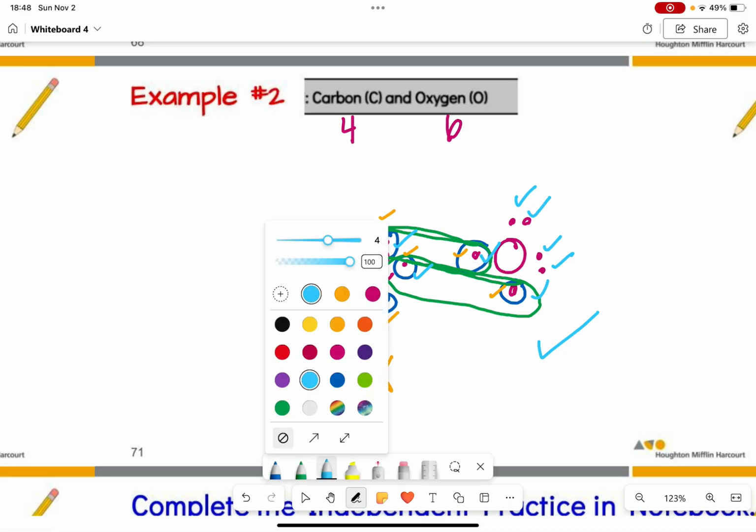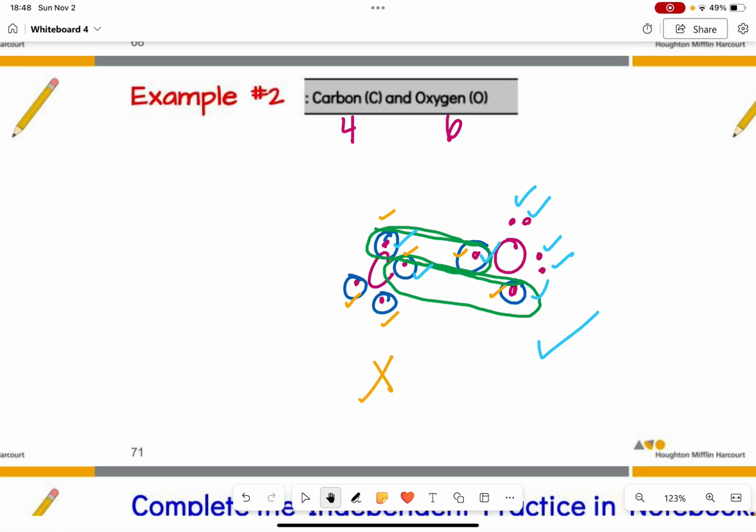So I'm going to do another oxygen with 6 valence electrons. 4, 5, 6. I'm going to circle the lone electrons so I know how many I need to pair up. And then I'm going to draw a connecting line or circle of the lone electrons on each element. So 1 from carbon and 1 from oxygen.